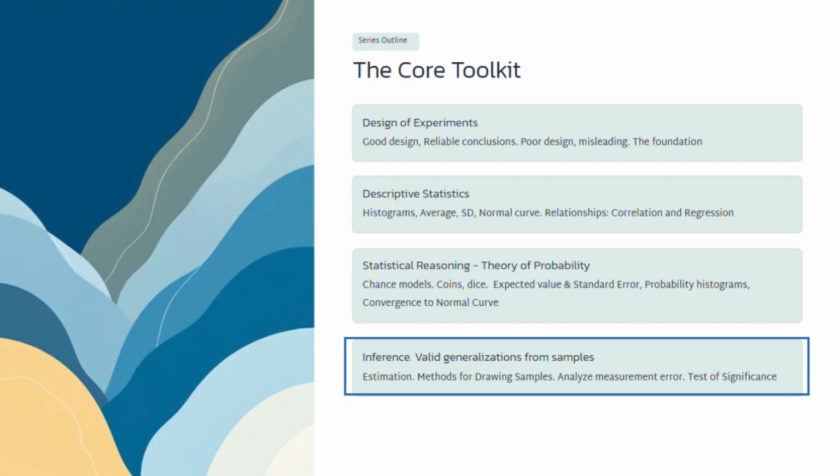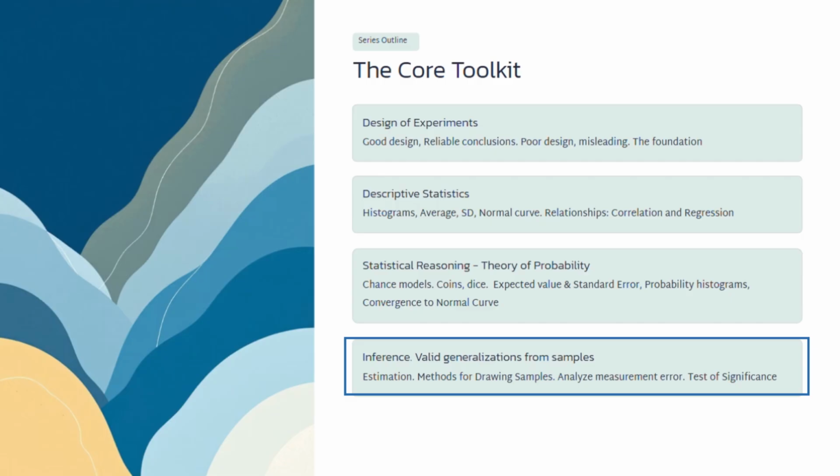This is inference. We talk about estimation. For instance, how does the Gallup poll predict the vote in an election? And we will learn why some methods for drawing samples are better than others.